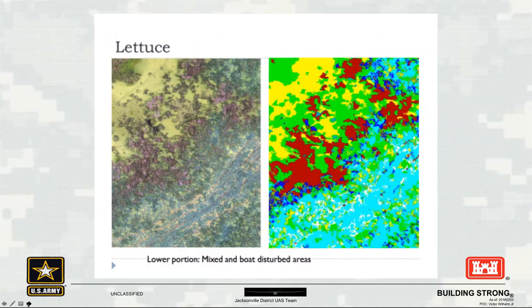Next slide, please. And at times they were mixed, especially if a boat had just driven through there where maybe the lettuce had water on top of it, or maybe the lily had water on top of it, we struggled with figuring out how to delineate those two.